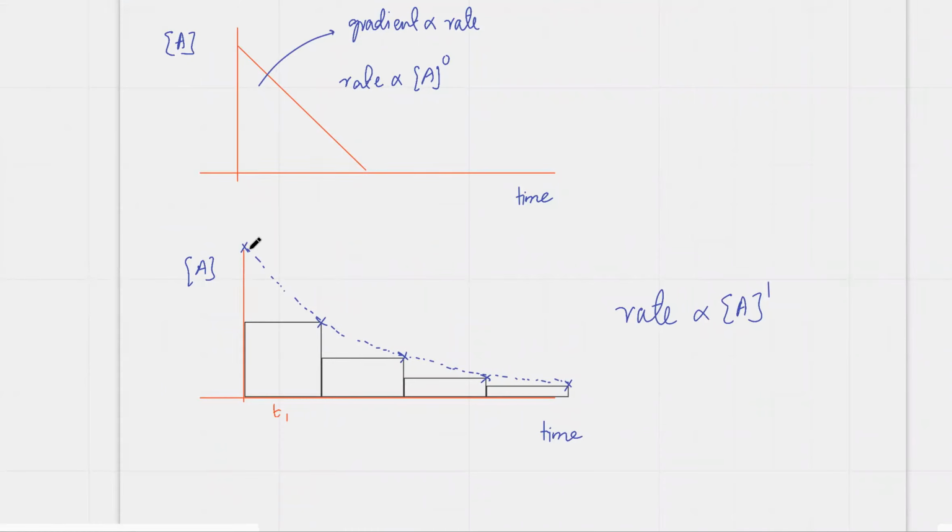So your concentration was over here, now it's over here. The second half-life is the time for the concentration of the reactant to decrease by half again. That's your second half-life, that's T2. The third half-life is the concentration decreasing by half again. That's T3. The fourth half-life is the concentration decreasing by half again.